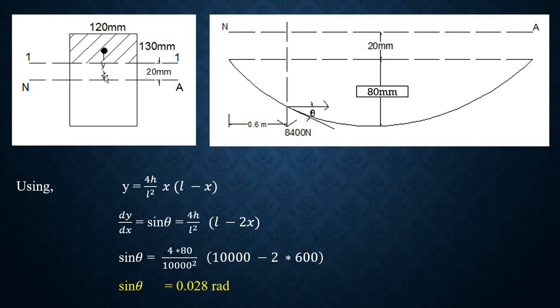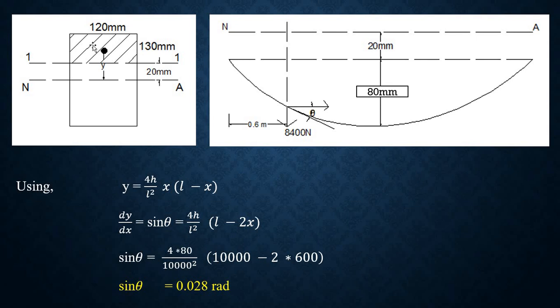To calculate Y bar, we have taken a section at 1, which is at a distance of 20 mm, and half of this area is 130 by 2. Put together, we require a value from the centroidal axis of this particular area above the neutral axis.